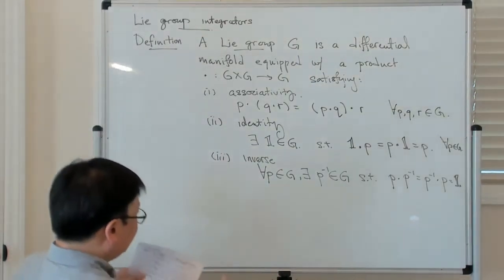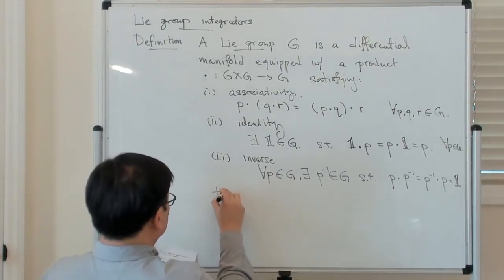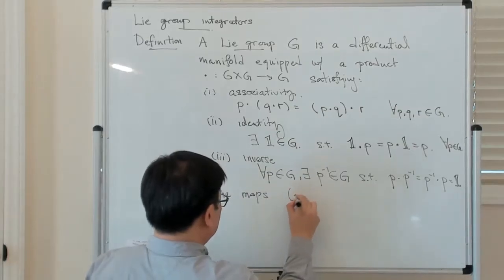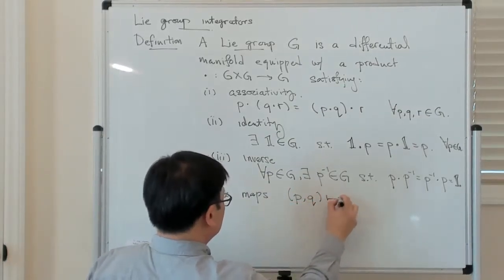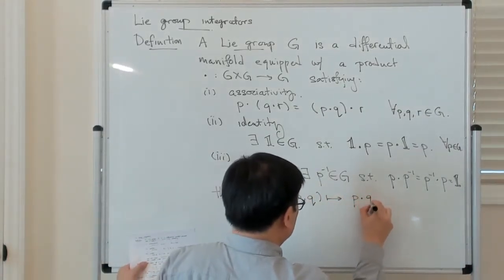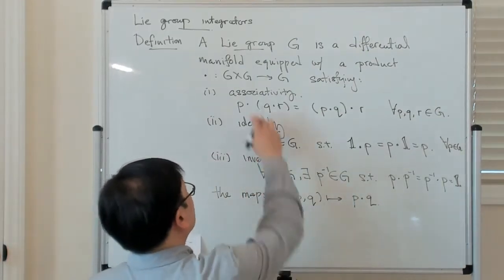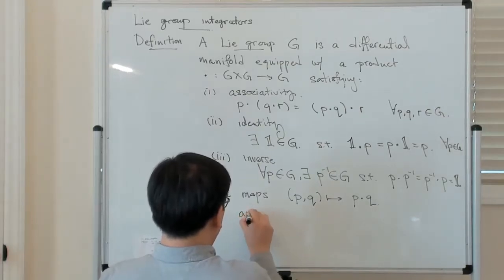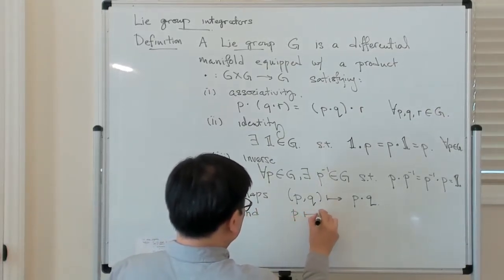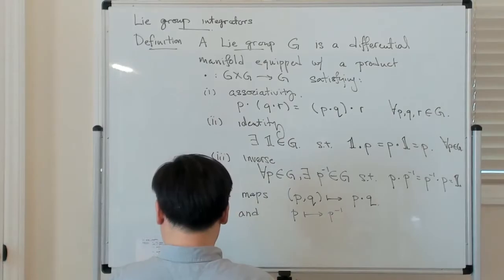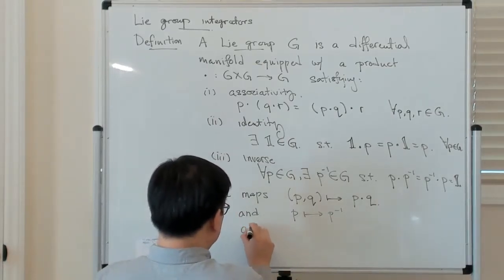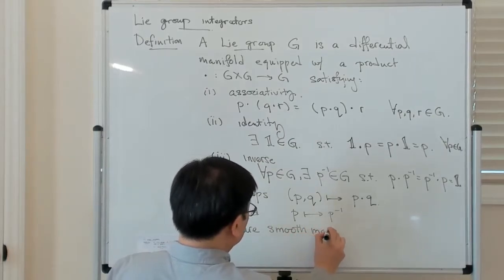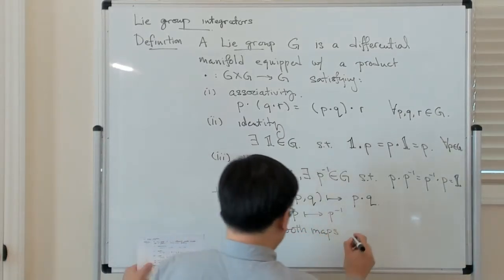So you want that the maps, P and Q to the product P dot Q, which is of course just the product map, and the map from P to P inverse, are smooth maps with respect to the manifold structure.